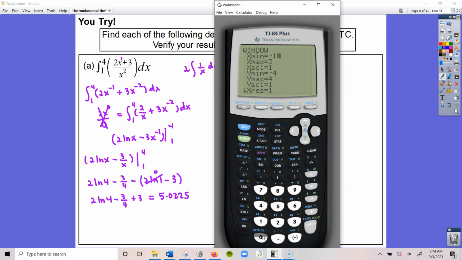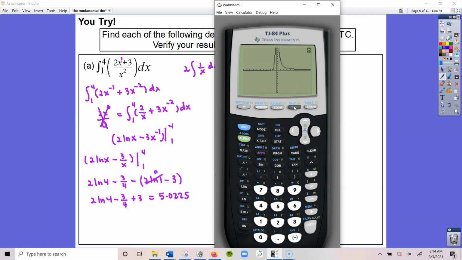I'm just going to leave it at the standard viewing window. And let's graph. This is my function, and you can see there's a vertical asymptote here at 0, but that doesn't matter in this case because we are integrating from 1 to 4, so 0 is outside of that interval.